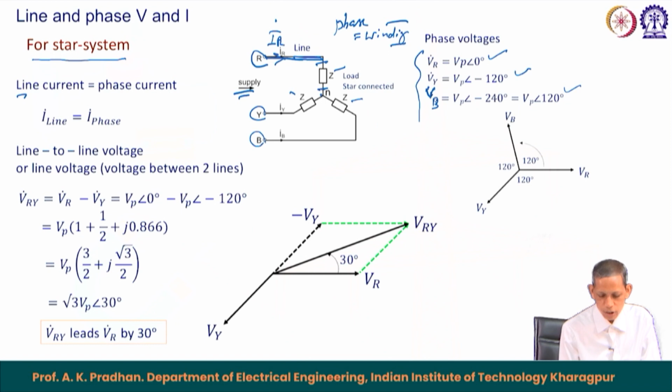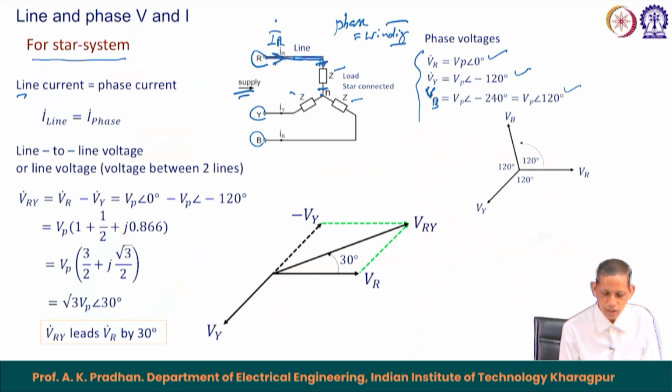So, if I consider this Z, the impedance Z, the winding, then the current through this impedance or winding is the phase current. The current through the line is the line current.